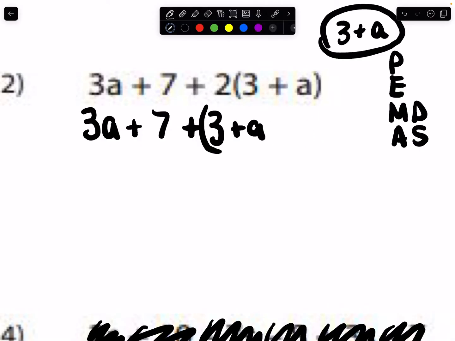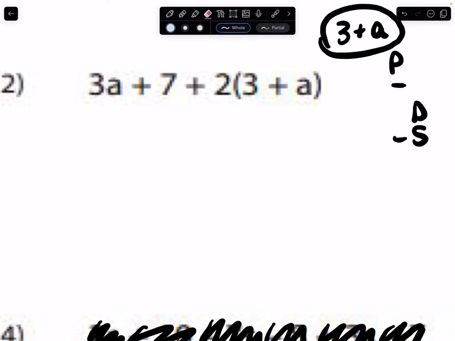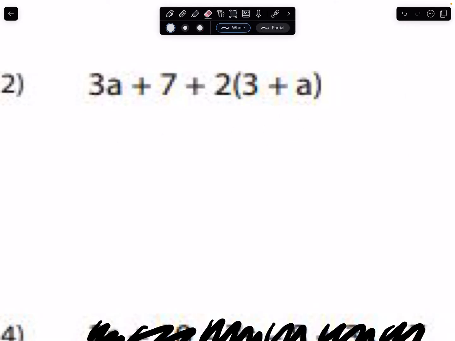And that's not very pretty. My repeated addition, which is 3 plus a. So now you got some choices. You can either do it that way and write the whole thing out, which is not what I would prefer. Or you can recognize that you're going to distribute that 2 to both in there.